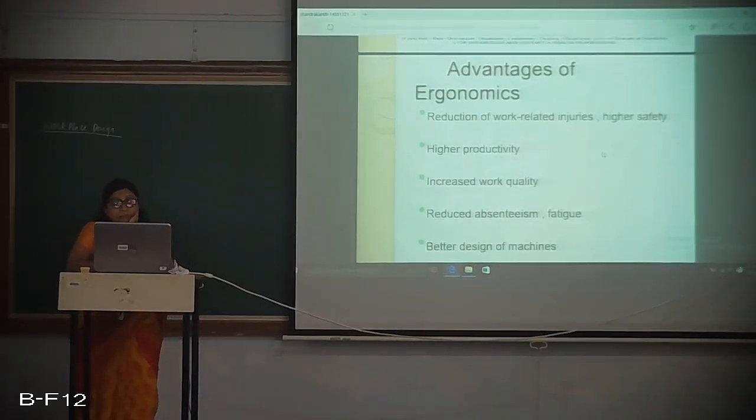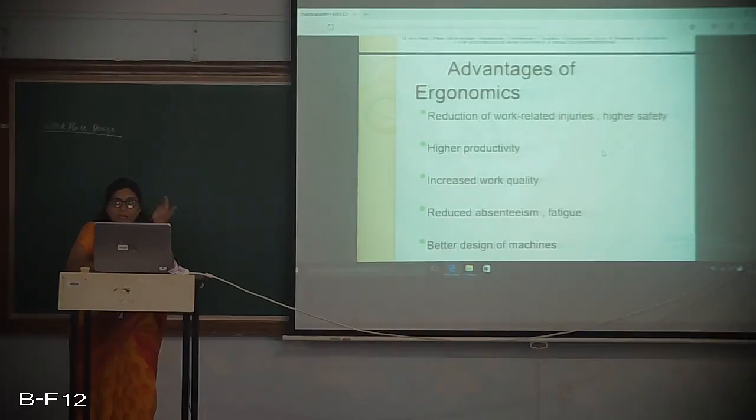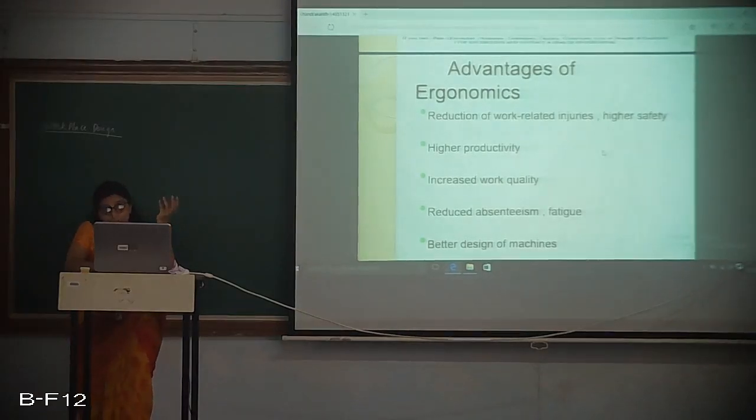Then higher safety, of course, higher productivity, as I told you a number of times, how the productivity of the organization can be increased by implementing ergonomic study.